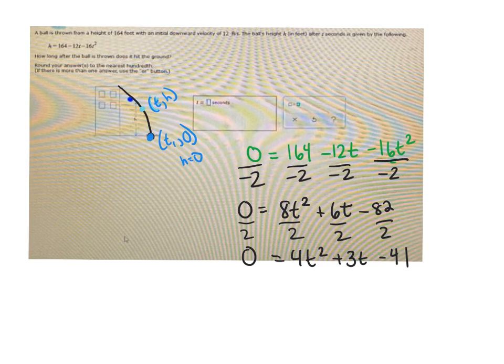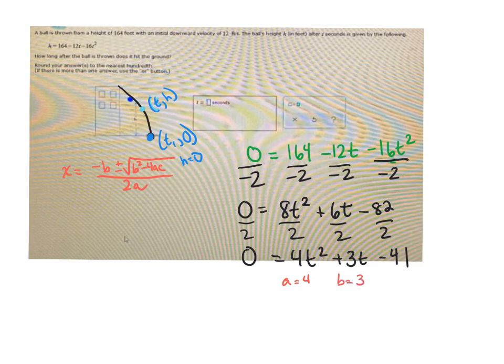So now I'll do the quadratic formula. If you remember, the quadratic formula is -b plus or minus the square root of b squared minus 4ac, all over 2a. In this case, our a is 4 because it's in front of the t squared.